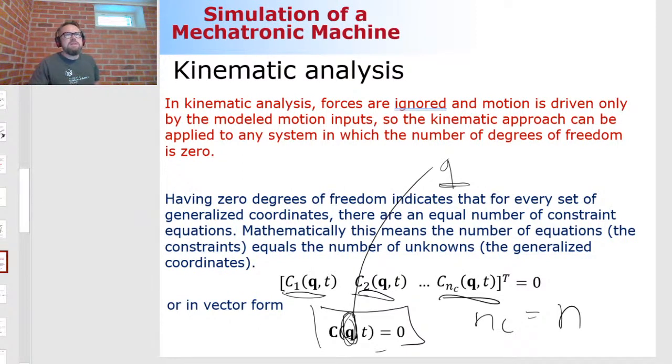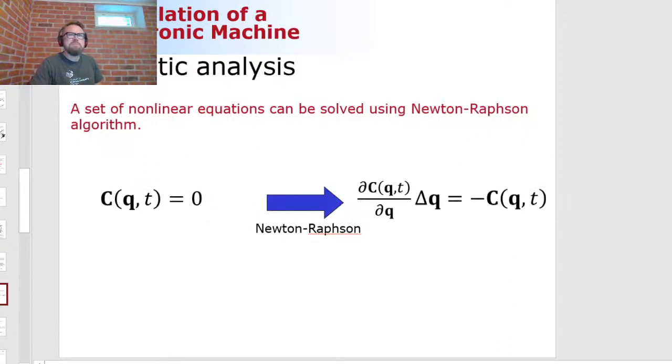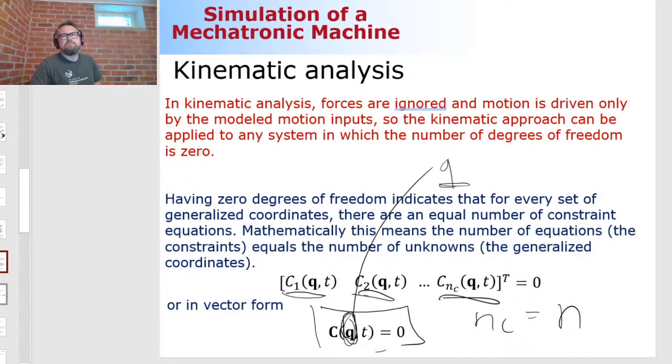Let me show you an example of how they are hiding inside the constraint equations. Here is a good example. This is where the Rx is hiding, and this is where the theta is hiding. It's not like a constraint equation multiplied by something, but they are inside the constraint equations, and that makes things less straightforward.